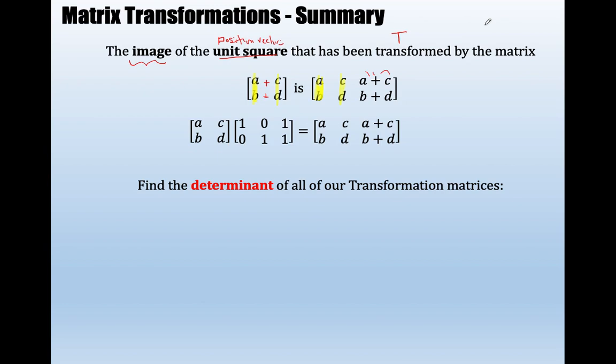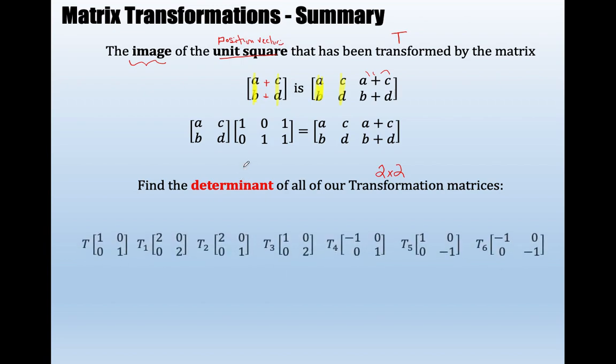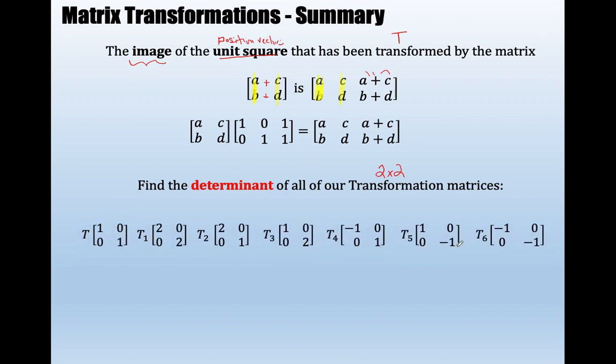Now what I want you to do is find the determinant of all our transformation matrices. Remember, our transformation matrices were all 2 by 2, so we know how to find the determinant of all of them. I'm just going to rewrite them here. These were all of the transformation matrices that we did on that first slide.